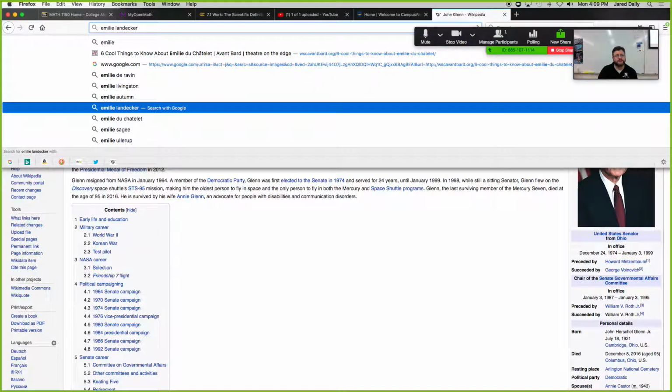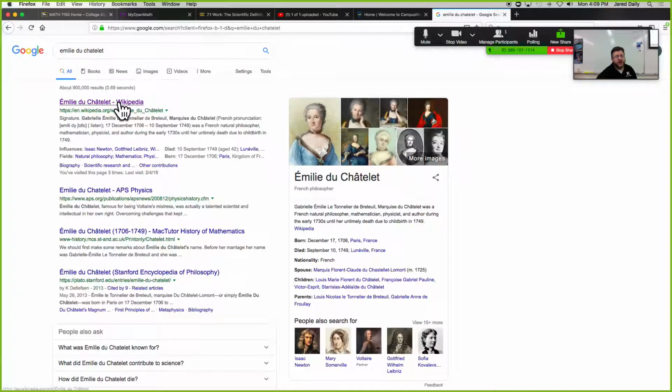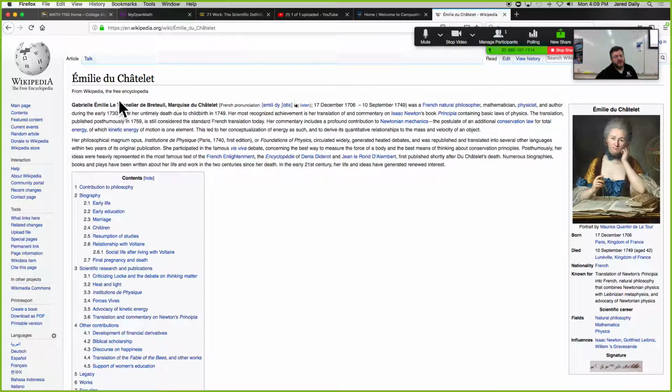There you go. She was a noble woman, which means she had money and property and the ability to do anything she wanted as long as she didn't upset anybody that was in power, but she wasn't satisfied with that. She wanted to be a scientist and a mathematician.